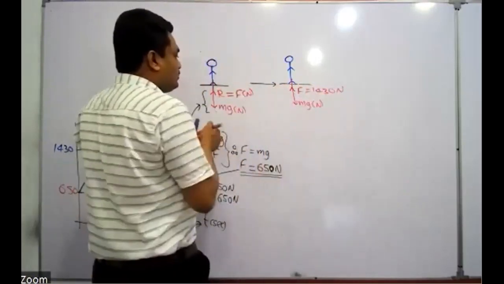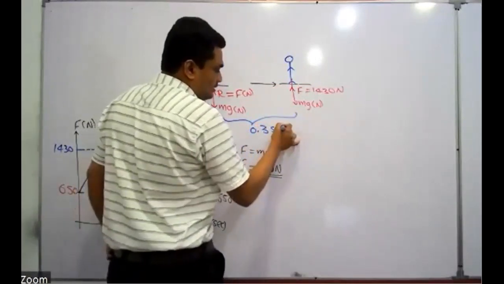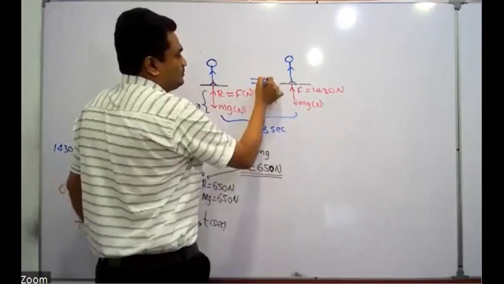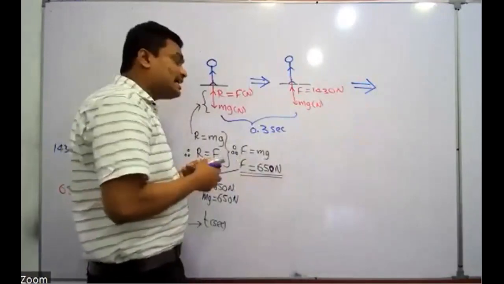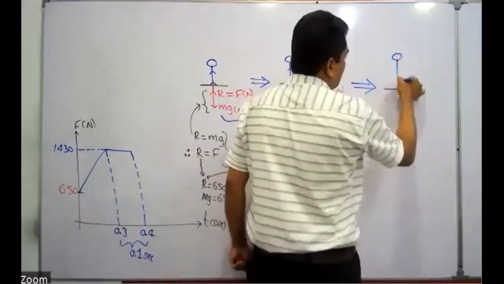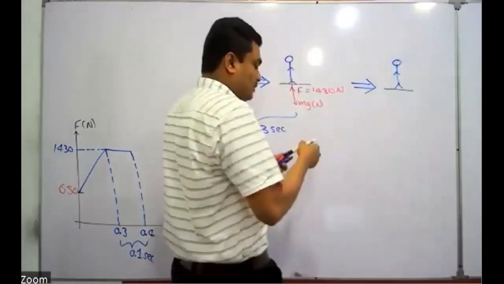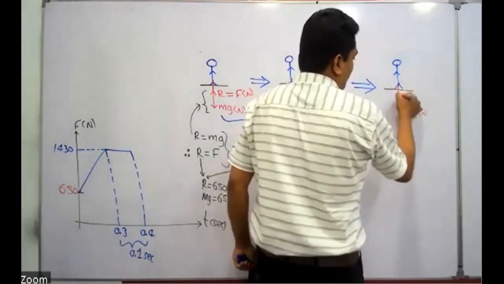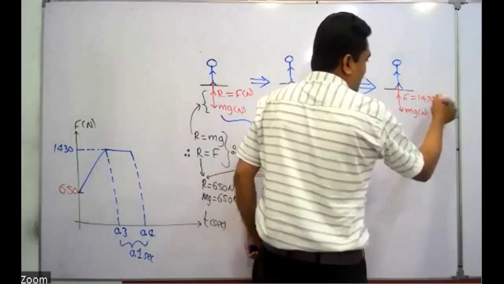What is the time duration for this? 0.3 seconds. And this person is in contact with the ground for another 0.1 second. During that 0.1 second, what is the force given by the ground? 1430 Newton. Am I right here?